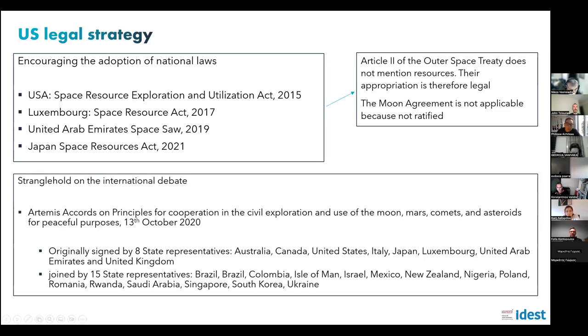The problem is that the US government tries to bypass the United Nations by encouraging the international community to confirm the interpretation of the USA. How? By proposing the signature of the Artemis Accords on principles for cooperation in the civil exploration and use of the Moon, Mars, comets, and asteroids for peaceful purposes.